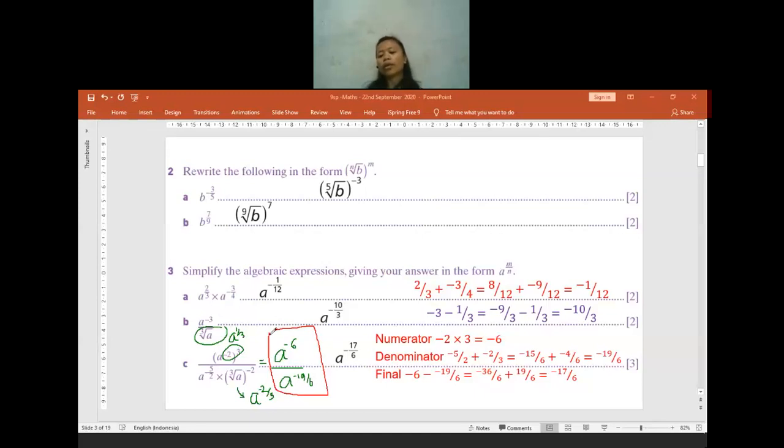We make all the denominators the same, become negative 36 per 6 plus. Why does it become plus? Because minus and negative we can combine to become plus. So now we have negative 36 per 6 plus 19 per 6. It will be negative 17 per 6. The final answer will be a to the power of negative 17 per 6.